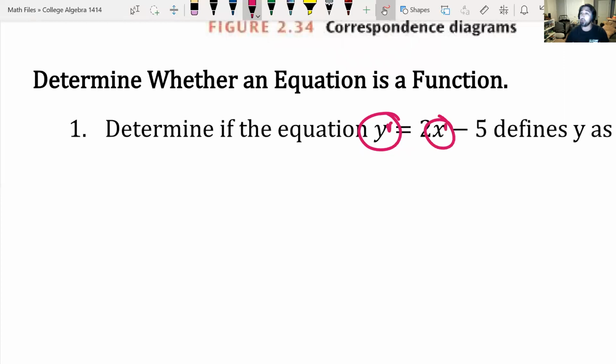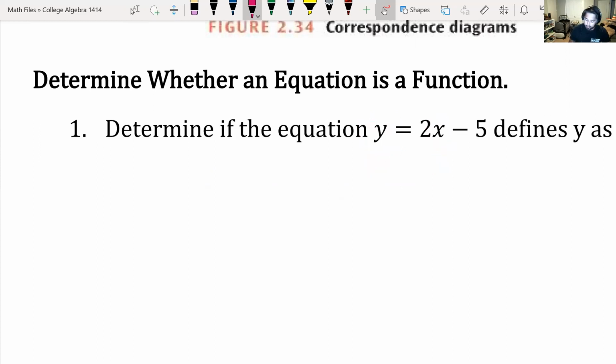This x variable has an exponent of 1, which means that if I plug in one x value, I'm only going to get one y value out of it. So degrees, looking at exponents, looking at degrees, can tell you whether an equation is a function. And this one is a function because you get one x and one y, which is in the definition.